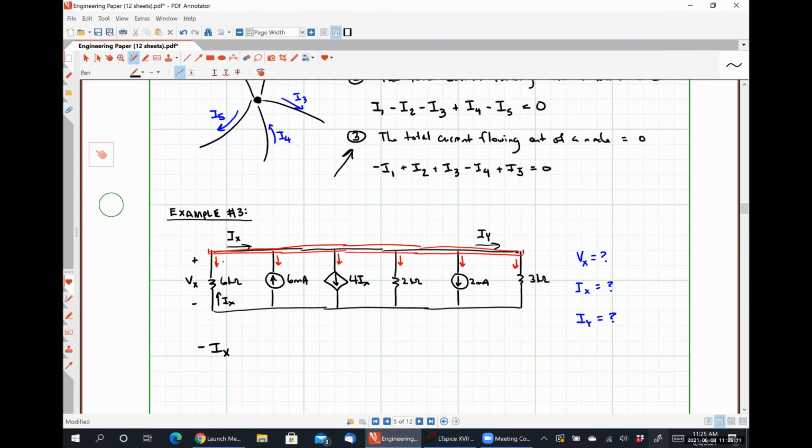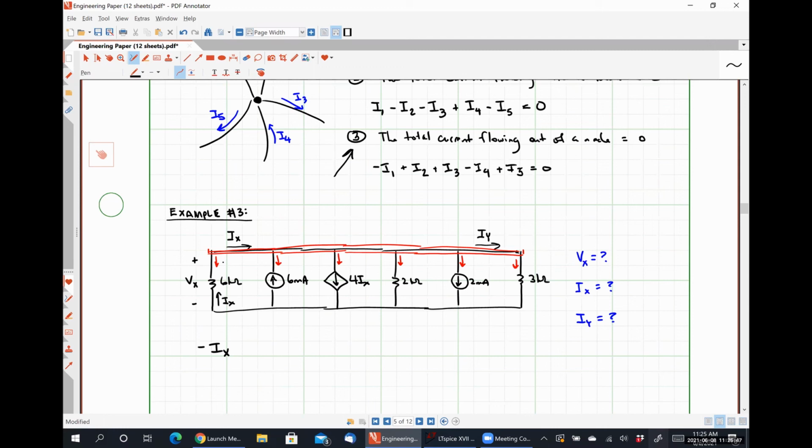So the red arrow that I've drawn, which is what I'm considering to be the positive current leaving that topmost node, is of the opposite direction as my current Ix, which is why I'm saying it is representative of negative Ix. Make sense? Yeah, I got it now. Okay, so thank you for the question, because I guarantee you there were other people wondering where he got negative Ix from. So thank you for being brave enough to ask.